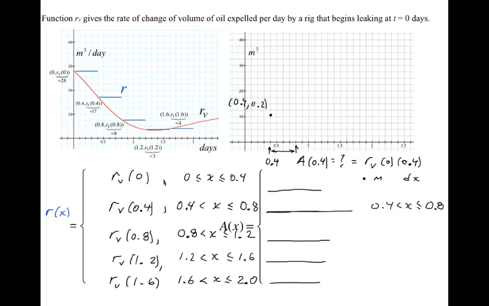Build the function A of x for that second moment, meaning we want all correspondence points of days x and the corresponding accumulated amount of oil with the x values between 0.4 and 0.8. What's the rule for that? Everyone see if you can do it. So think about it, work on it, and then get help if you need help.